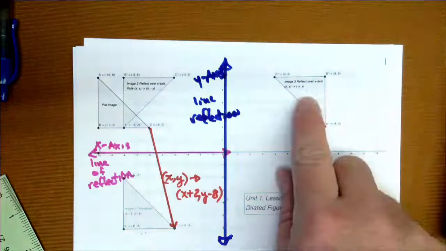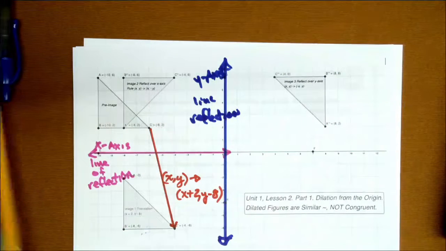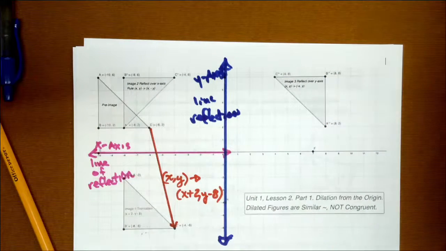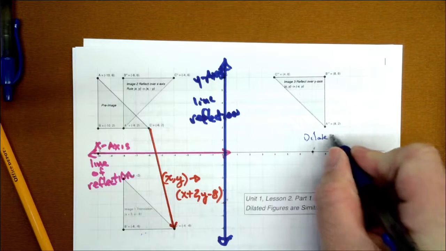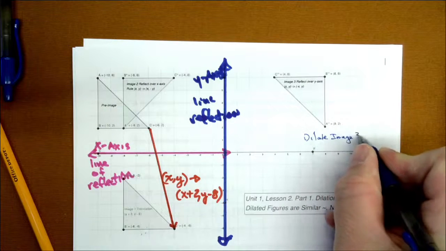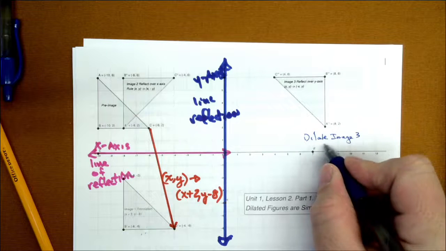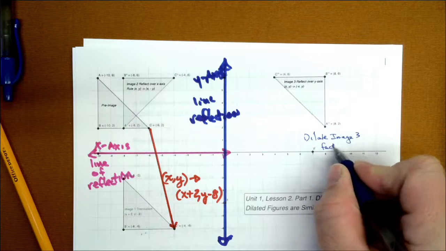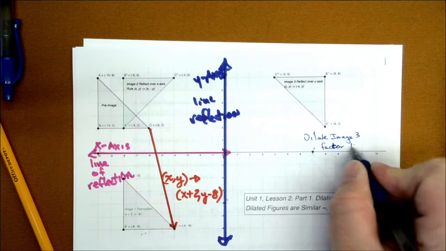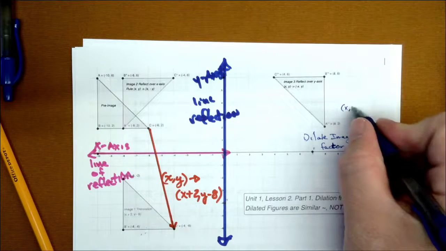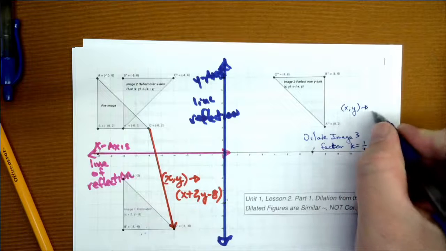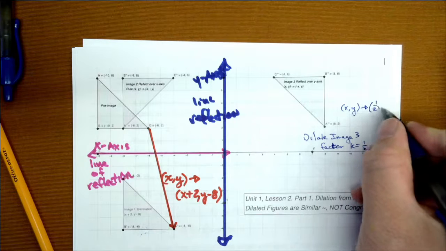Now we're at image 3, and we want to dilate. So we're going to dilate image 3 with a factor k equals 1/2, which means for every x, y, we're going to multiply times 1/2.